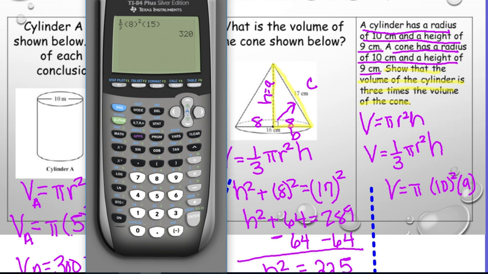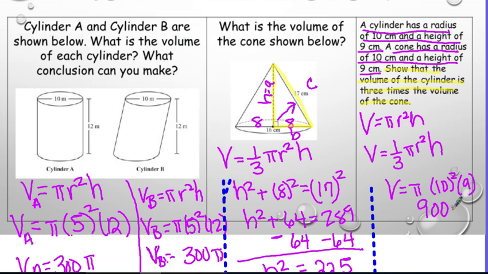So I'm going to go and pull my calculator up to help me with that math. And the calculator is a good tool to use to double check your mental math too. So this is 900. So 900 pi. And then I'm going to do the volume of the cone next, so I'm going to do 1/3 of pi times the radius is 9. Is it 9? No, it's 10.